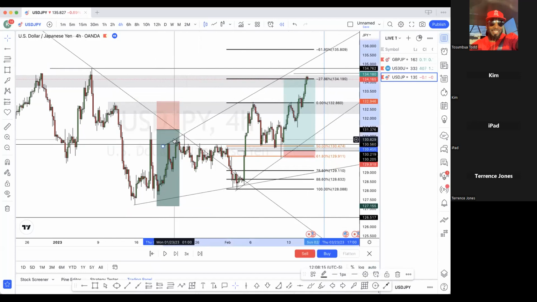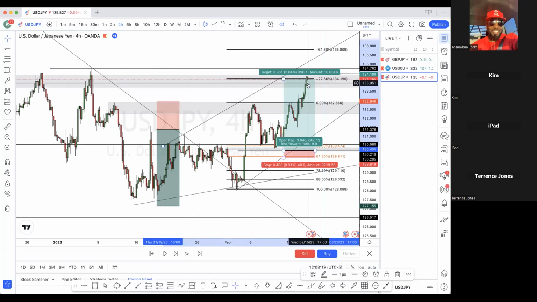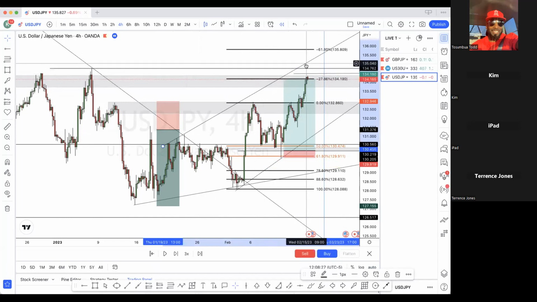And with these highs right here, this high, this high, this high, this would have been my trend line. So I definitely would have targeted the negative 27 because I'm expecting it to tap my trend line.